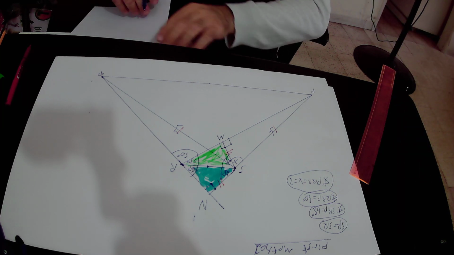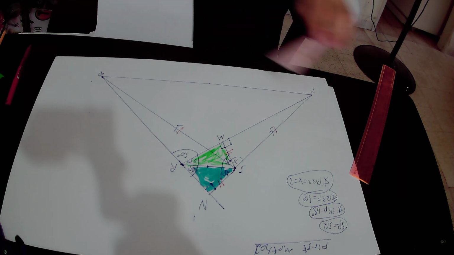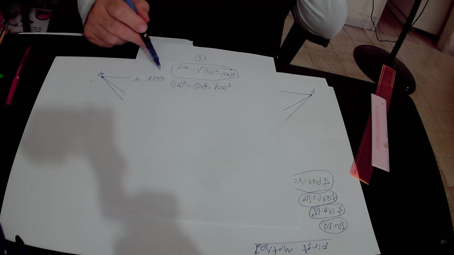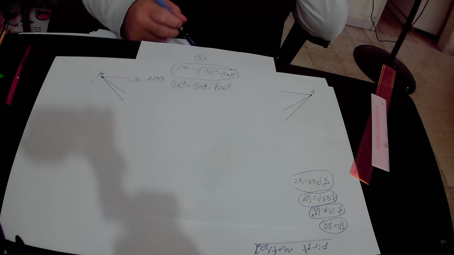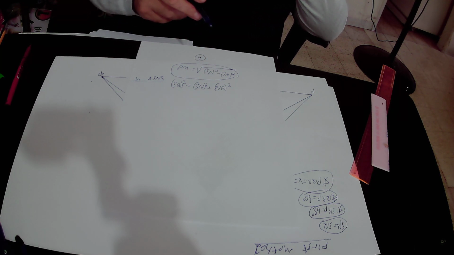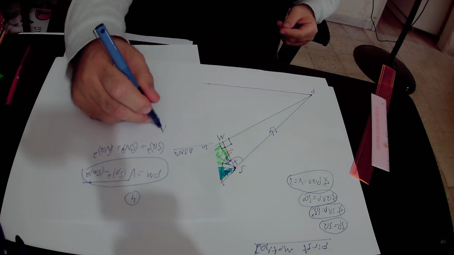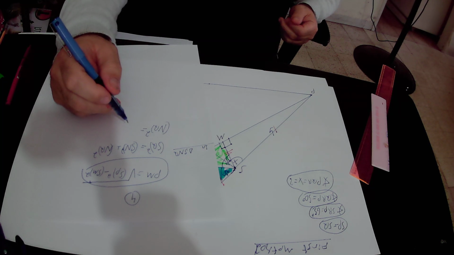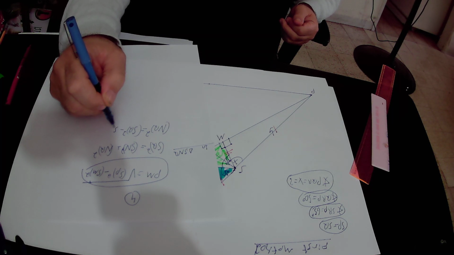Again, in the right triangle SNQ, according to the Pythagoras theorem, SQ square will be equal to SN square plus NQ square. Here we will subtract SN square from this equality, and we will get that NQ square equals SQ square minus SN square.